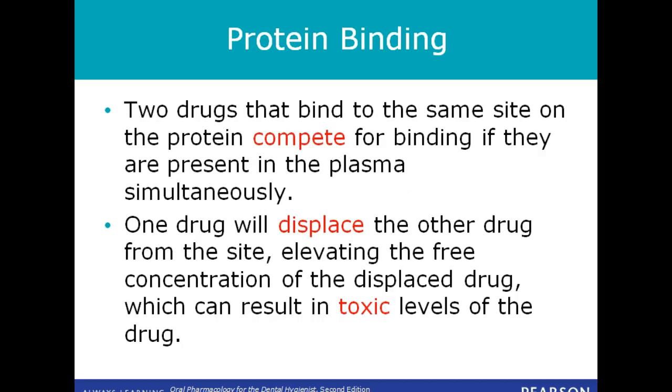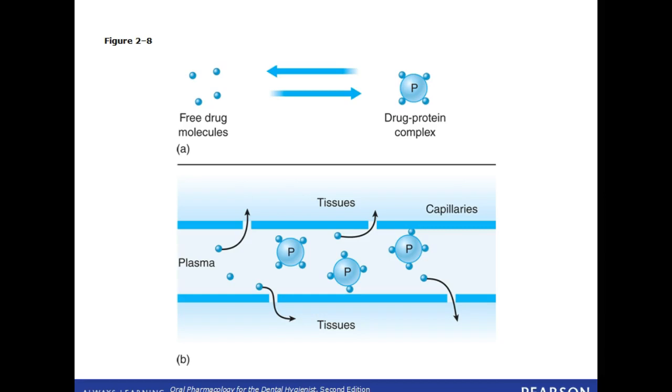Two drugs that bind to the same site on the protein compete for binding if they are present in the plasma simultaneously. One drug will displace the other drug from the site, elevating the free concentration of the displaced drug, which can cause toxic levels of the drug to build up. Plasma protein binding and drug availability are illustrated in Figure 2-8.